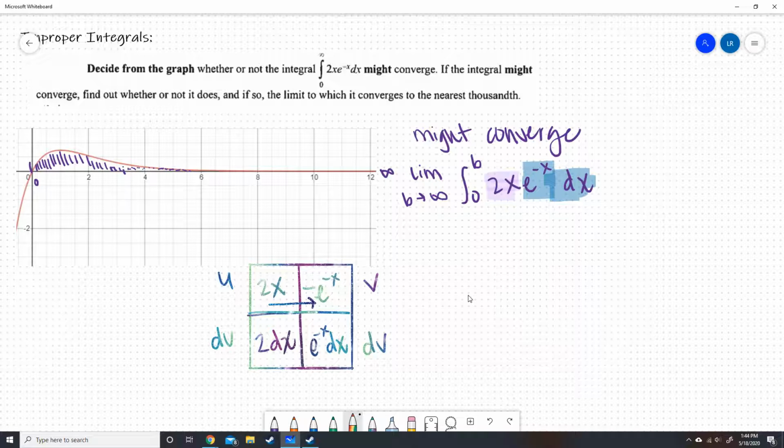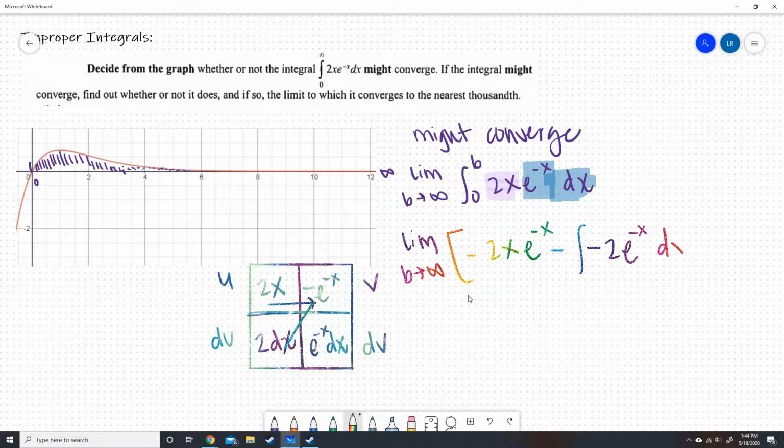I'm going to multiply this way. 2x times negative e to the negative x, so I'm going to bring down this limit notation, is going to equal negative 2x e to the negative x. And then I'll go this direction. 2 dx times negative e to the negative x would be negative 2 e to the negative x dx.